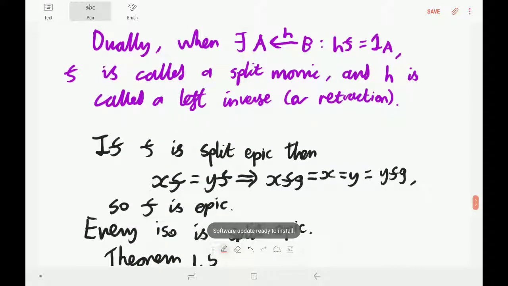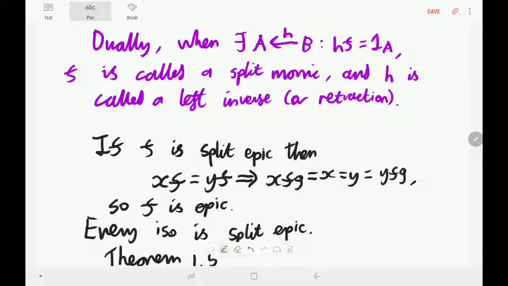Now, when I say dual results, by the way, and duality, I mean when you can get the other concept just by reversing the directions of all the arrows in the category. Okay, I'll get into that more in a video or two's time. Anyway, one thing I wanted to say is that when F is split epic, then it must be epic.